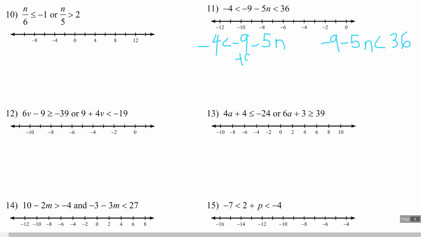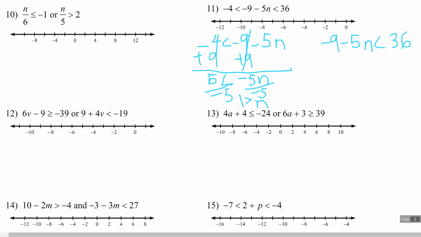So here I'd have to add 9 to both sides of the inequality. So we have 5 is less than, 9's cancel, -5n. Divide both sides by -5. Remember to switch the inequality sign, and we get that 1 is greater than n.